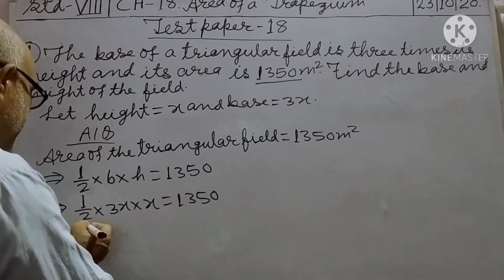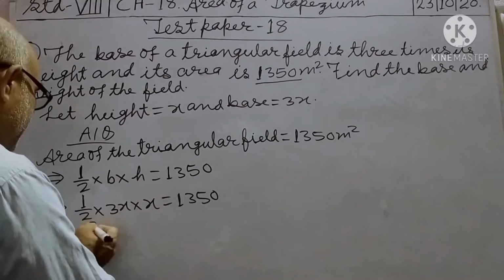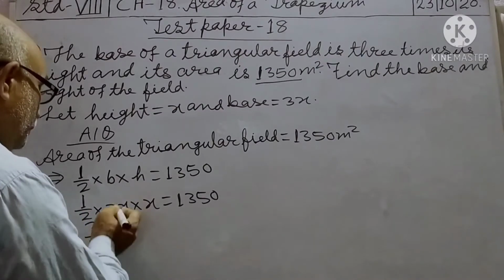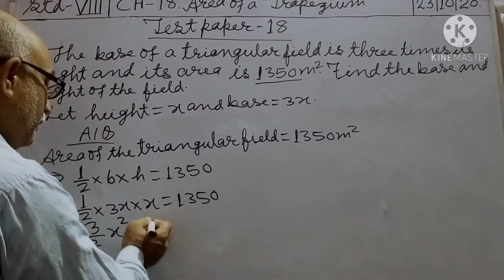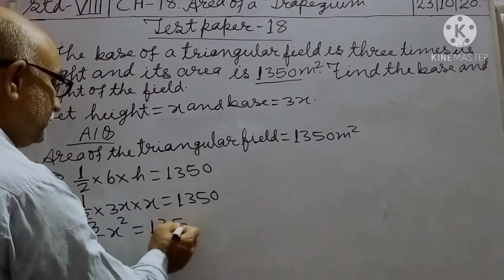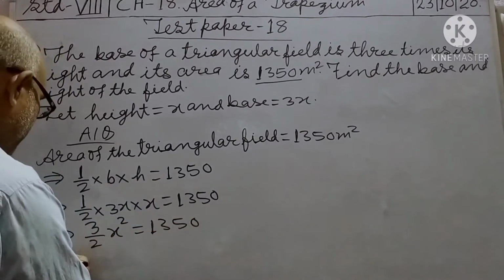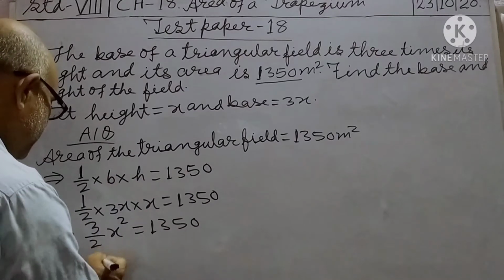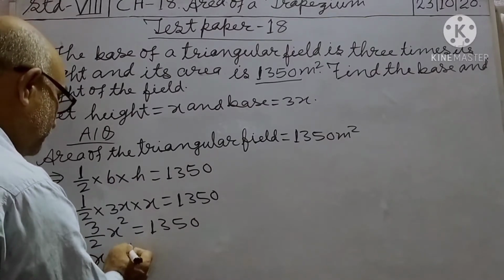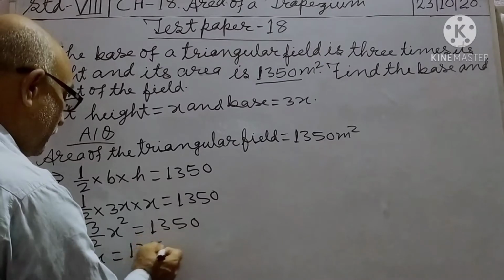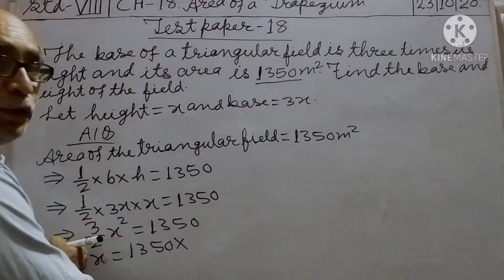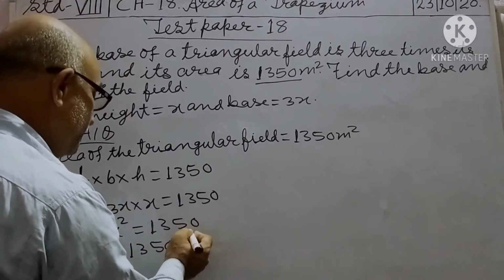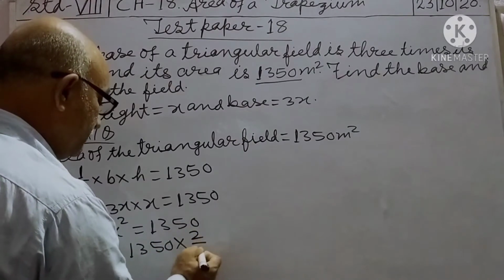That implies 3 by 2 x into x, x square equal to 1350. That implies x square equal to 1350 into 2 by 3, by transposition changed into 2 by 3.